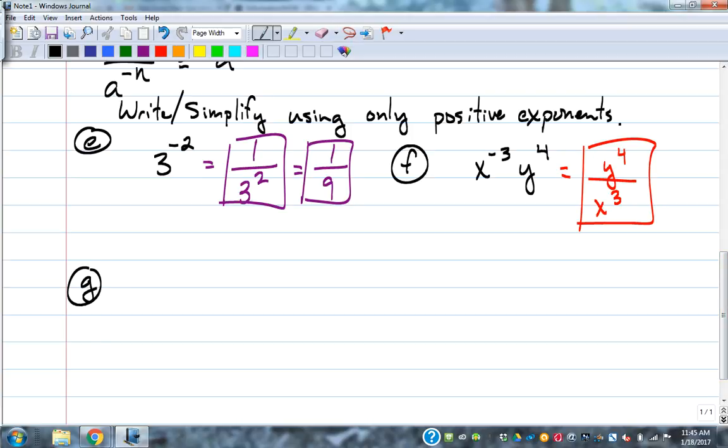Here's another one. Let's say we had 1 over 2 to the negative 3. So 2 is our base there with the negative 3 exponent. Right now it's in the denominator. How do we change it to a positive exponent? Put it in the numerator. 2 to the 3rd. Technically that's times 1, but 1 times 2 to the 3rd is not going to change it.